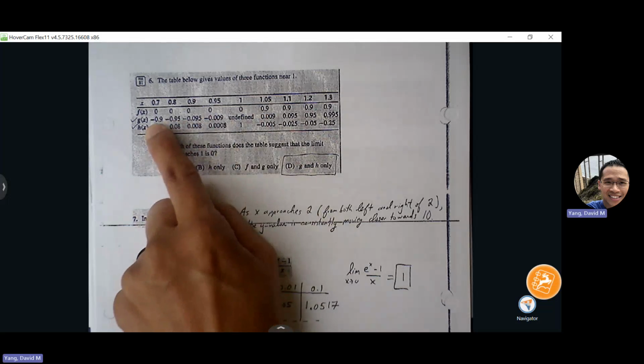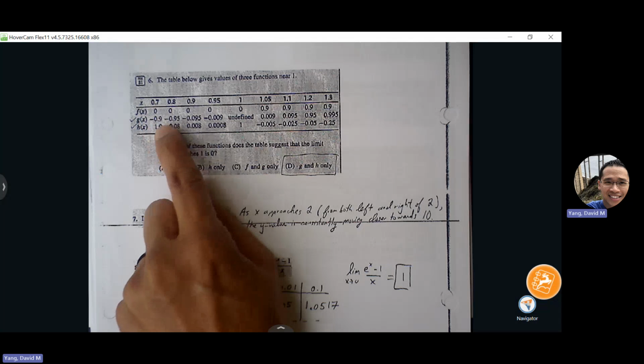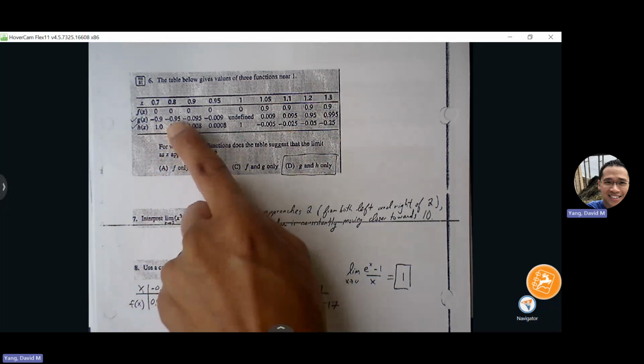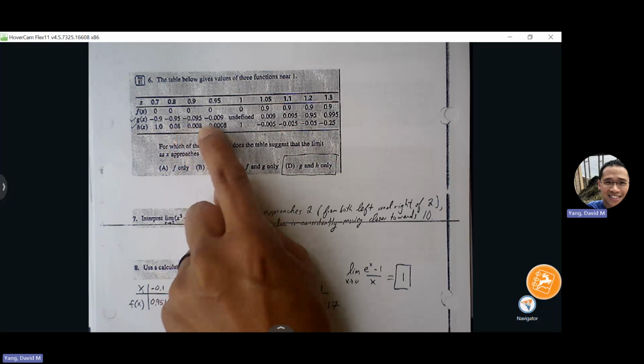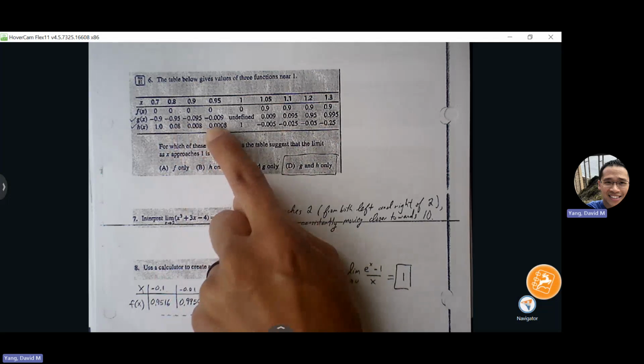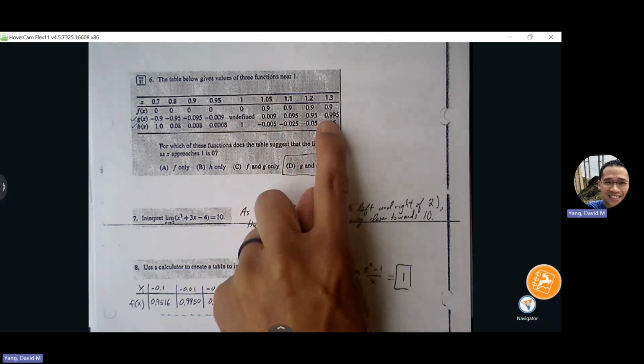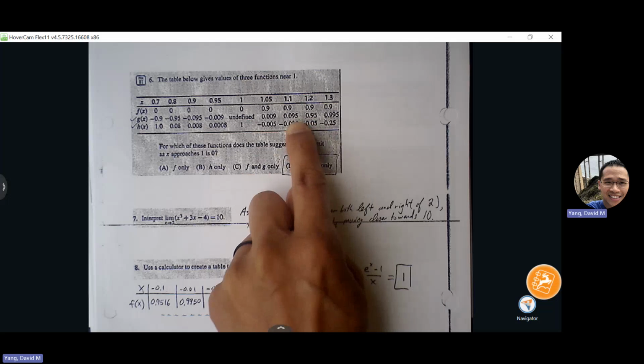For g of x, we see that to the left of 1, the y value is headed towards 0, right? 0.9, 0.95, negative 0.095, negative 0.009. Those are all y values getting closer towards zero, moving from the negative side, right? And here, 0.995, 0.95, 0.095.